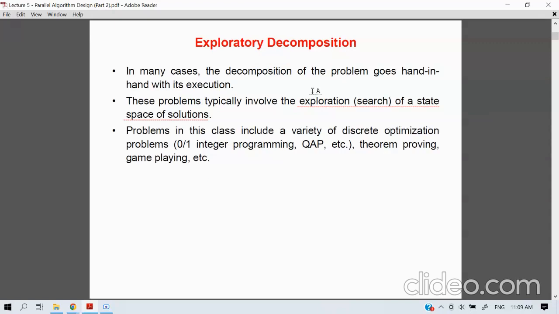It depends on the programmer on how they want to decompose the task into several subtasks.